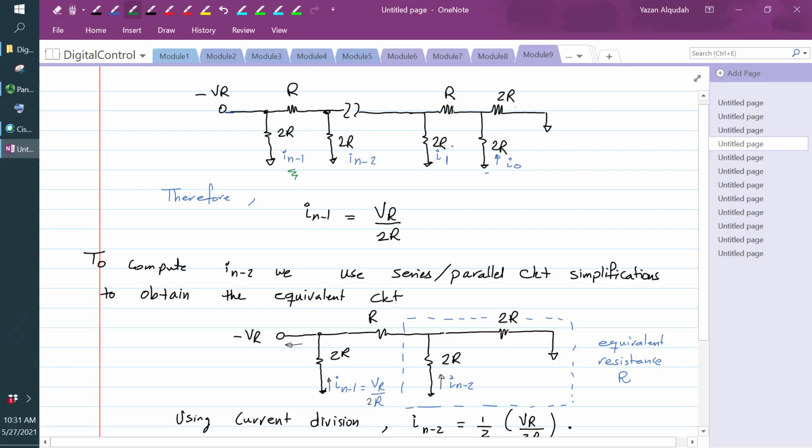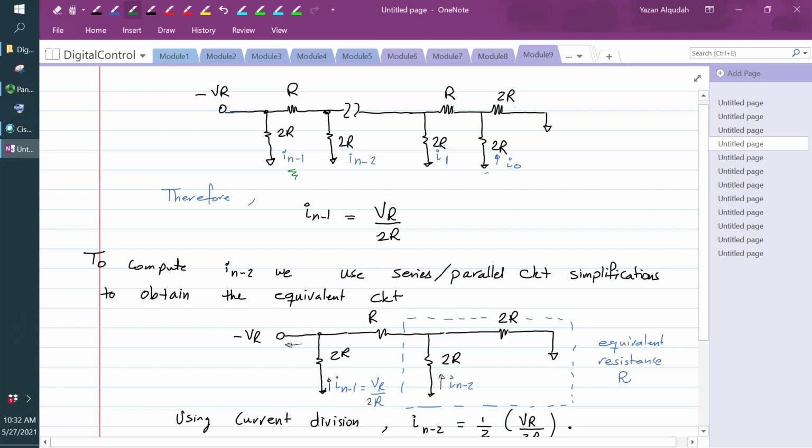If I take the parallel of this 2R with 2R, I'm going to get an R. And this is going to keep continuing like this. Here I'm going to have 2R with 2R, these two in parallel, I'm going to get an R. R plus R is going to become 2R, in parallel with 2R is going to equal R.